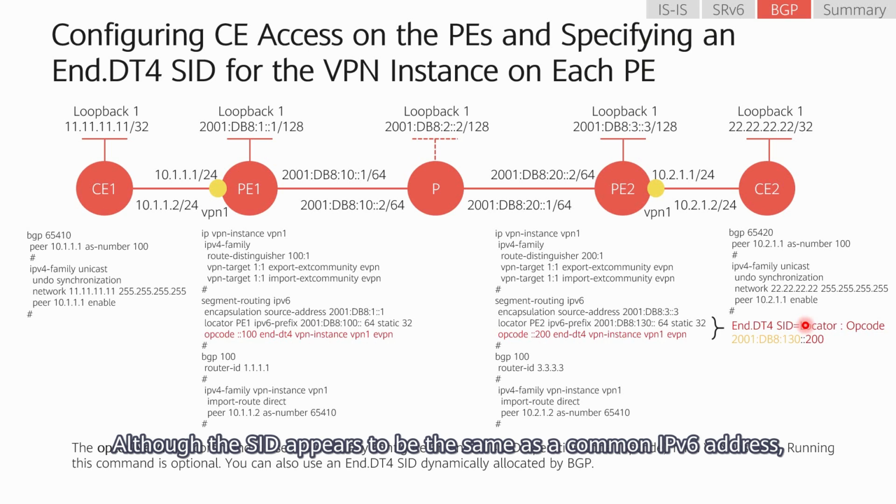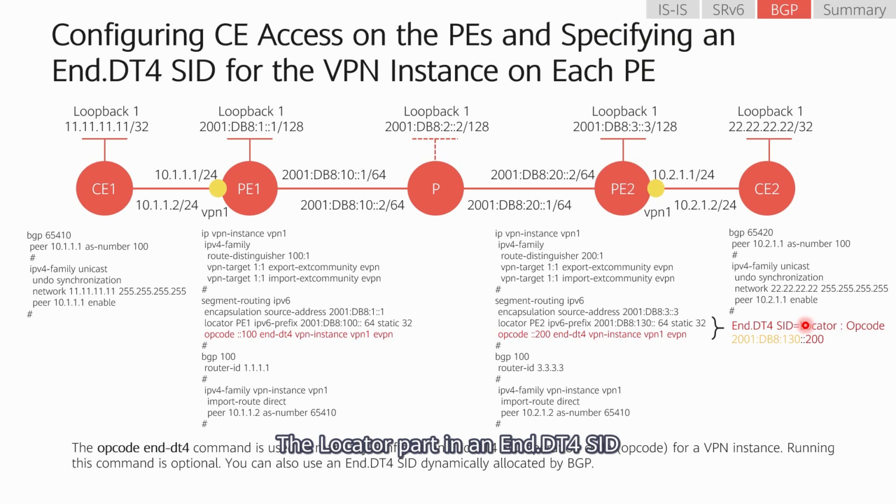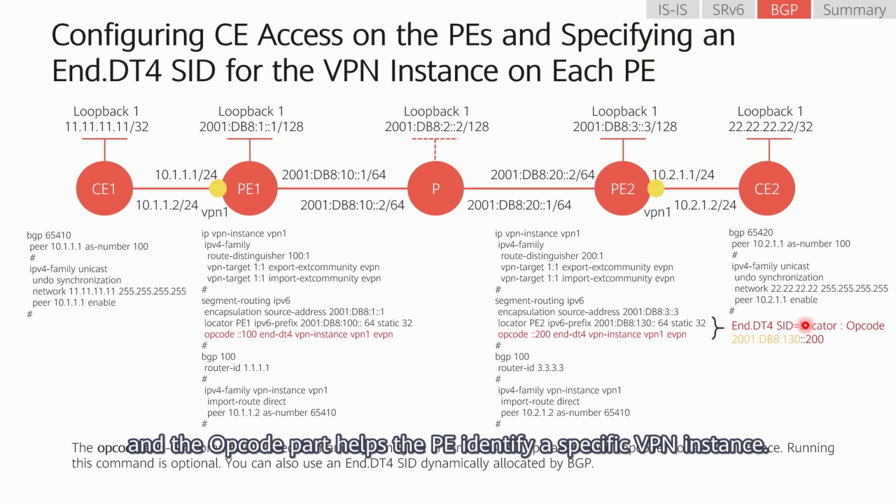Although the SID appears to be the same as a common IPv6 address, it contains a lot of information and functions as an instruction. The locator part in an End.DT4 SID directs packets to a specific PE in the SRv6 domain, and the opcode part helps the PE identify a specific VPN instance.